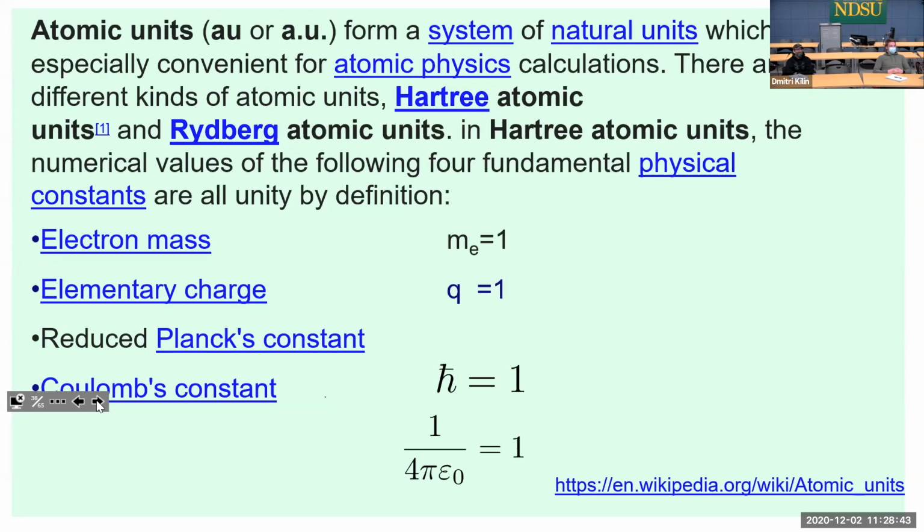In this system of units, it will be 1. The time unit is 1 over 42 of a femtosecond. So it's a really small unit, and not comfortable if we want to build a house and measure things. But for atomic objects, it's quite comfortable.